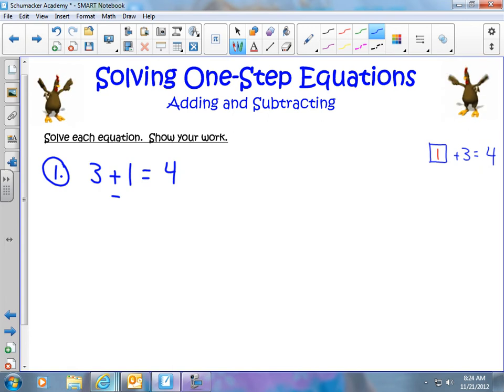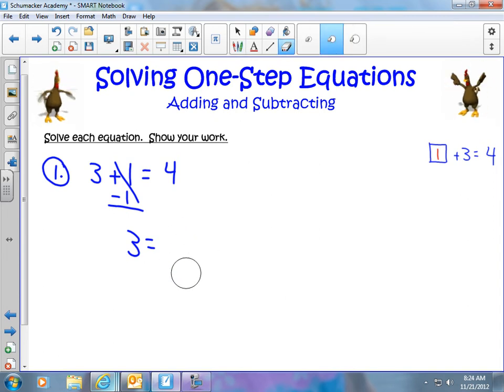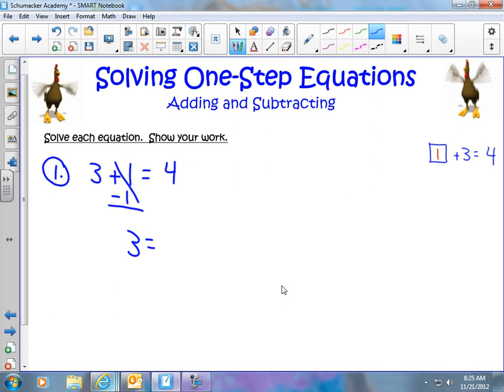However, if I subtract 1 from this side and these cancel out, now I'm left with 3. Is 3 equal to 4? Obviously, it's not. And so my question to you would then be, what would I have to do to the 4 to make the right-hand side of the equation equal? Well, if I have 3 on the left-hand side and 4 on the right-hand side, I'm going to have to subtract 1 from 4 and then make it 3. And now 3 is equal to 3, and our equation is still equal on both sides.